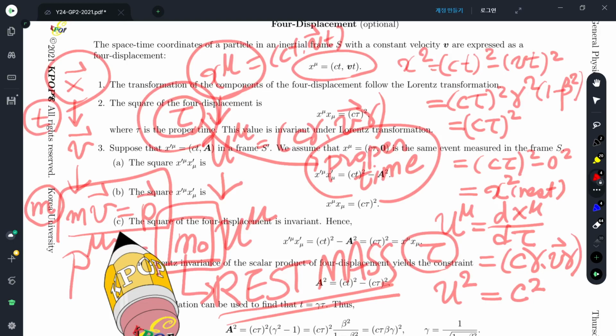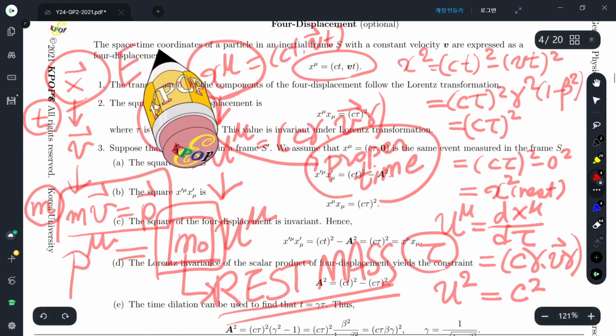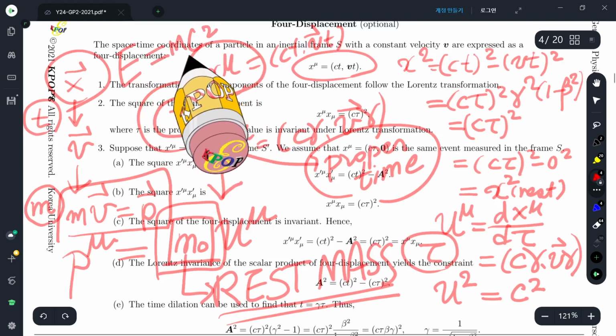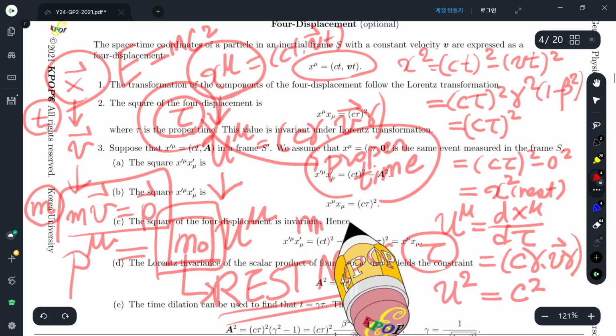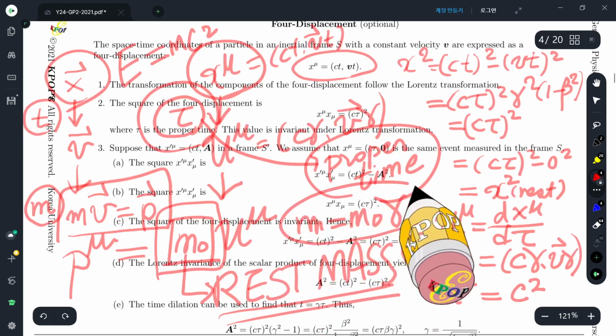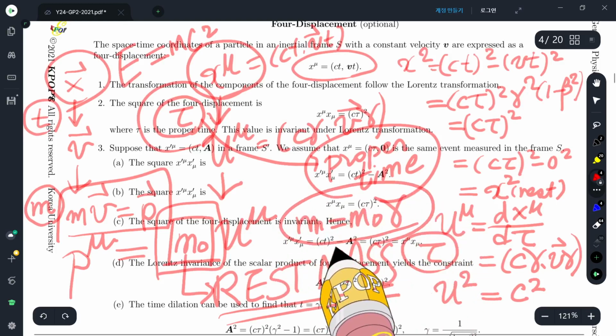At the end of the day, we shall find the time component of the four momentum represents the energy over the speed of light. That energy is E equals mc squared, where m is the rest mass m0 multiplied by the Lorentz factor.